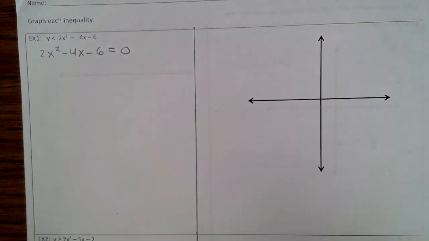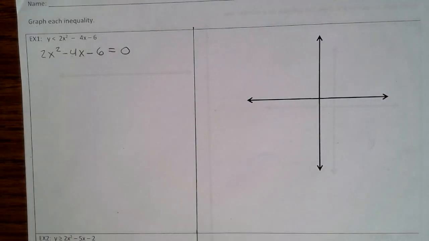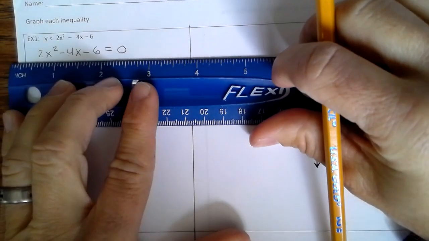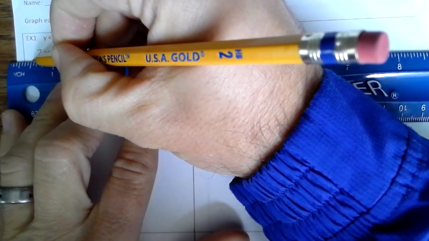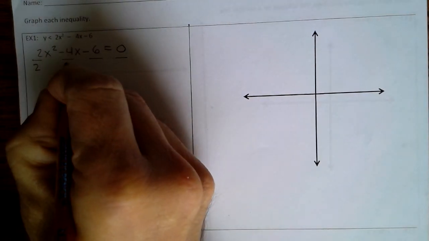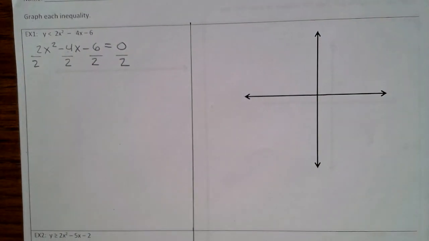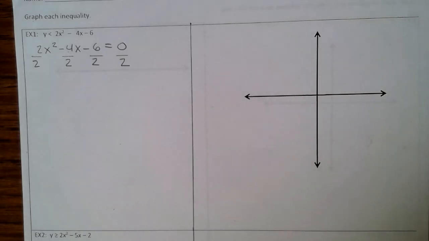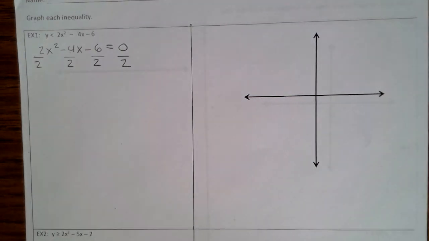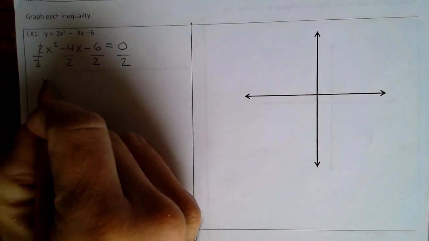Now, to make this problem simpler, we see that we can divide each of these numbers by 2. So let's divide everything by 2. Now, 2 divided by 2 is 1, so that's x squared.